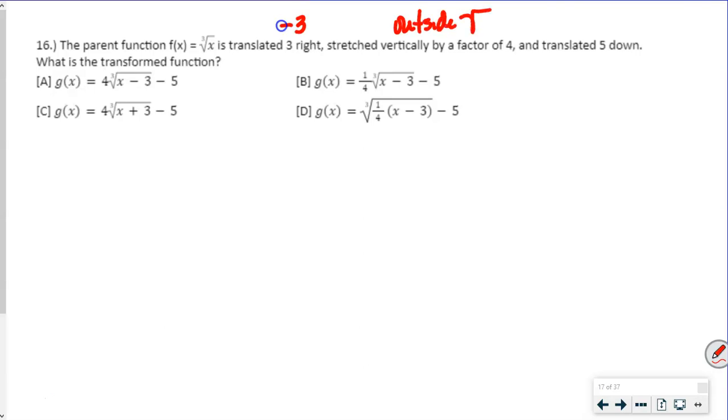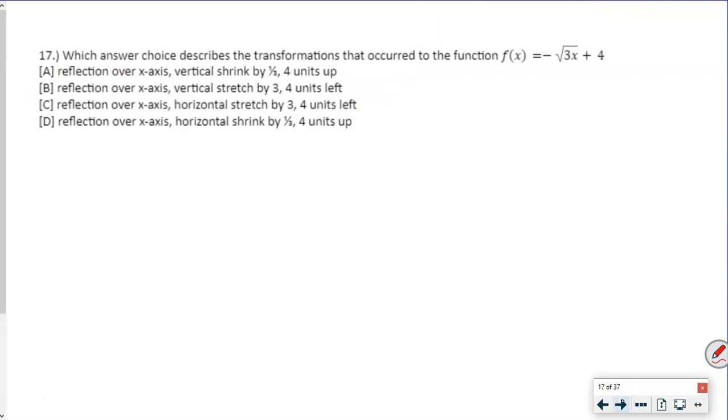And then translated 5 down, so that's going to be minus 5. So I'm looking for a minus 3, so it's obviously not that one. And then it says stretched vertically by 4, so we're looking for a 4 on the outside. So it obviously is not that one, and it's not that one. So this has got to be our answer, and let's double check because we got a negative 5, yep, and a negative 5 there. So, all right.